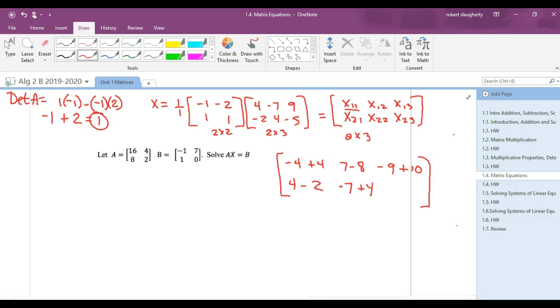And then last, second row, third column. That's 1 times 9 plus 1 times negative 5. So this is what? 0, negative 1, 1, 2, negative 3, 14.